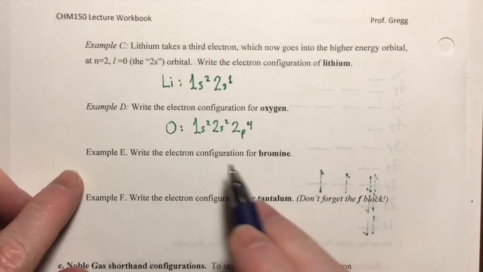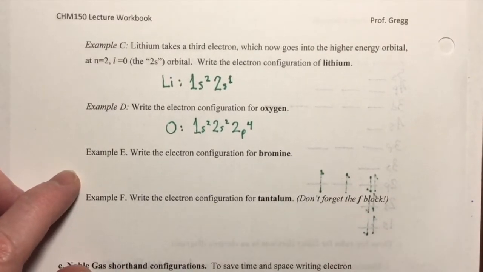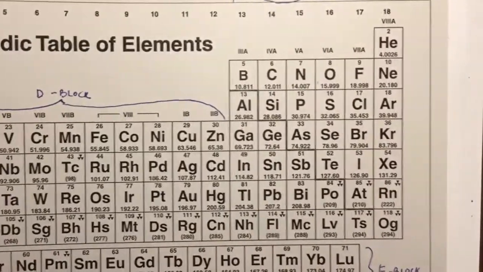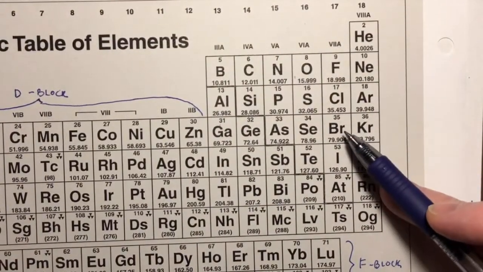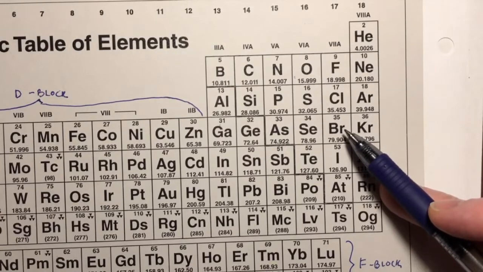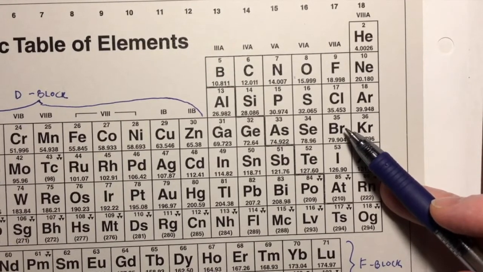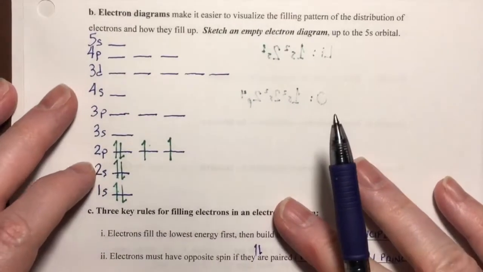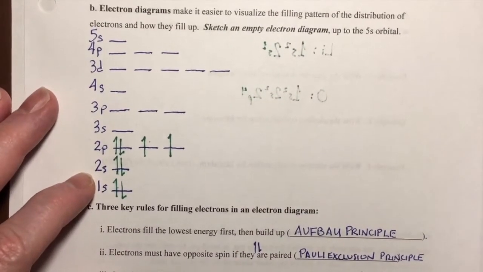All right, so now we're going to work with bromine. So let's find bromine. Bromine is here. It has 35 electrons, 35 protons, so it must have 35 electrons if it's neutral. So I'm going to fill in the diagram with 35 electrons. So here we go. We've already got 8 there from the oxygen.